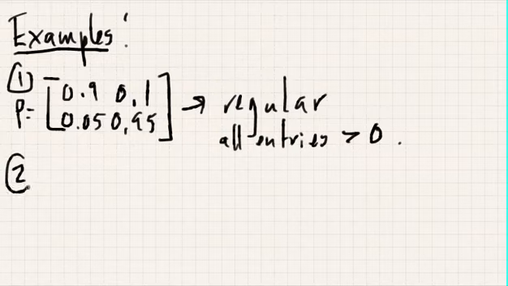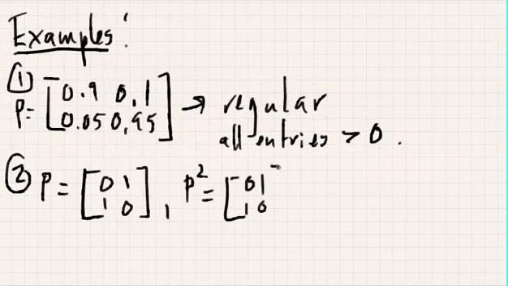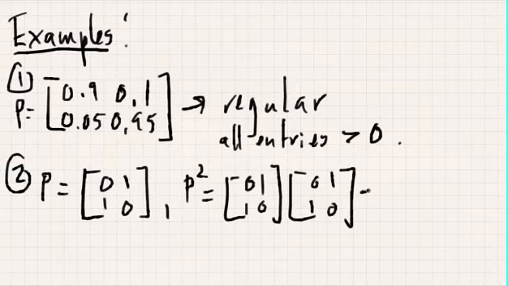How about something else? Let's look at the matrix P equal to 0, 1, 1, 0. Well, let's start looking at the powers of P. P squared is 0, 1, 1, 0 times 0, 1, 1, 0. When I multiply the first row times the first column, it gives me 0 plus 1. The first row times the second column gives me 0 plus 0.